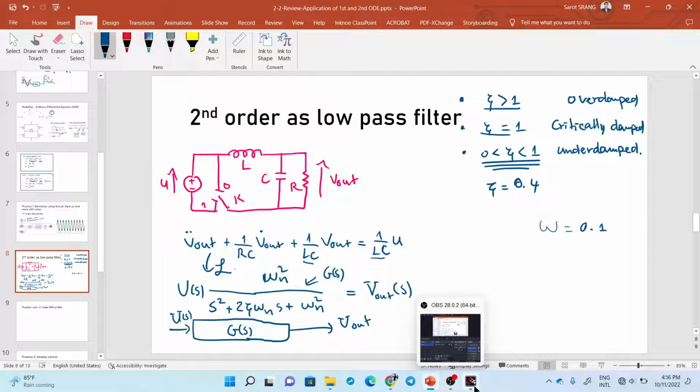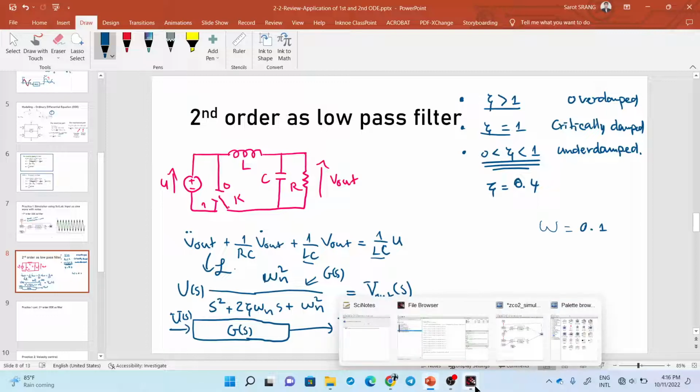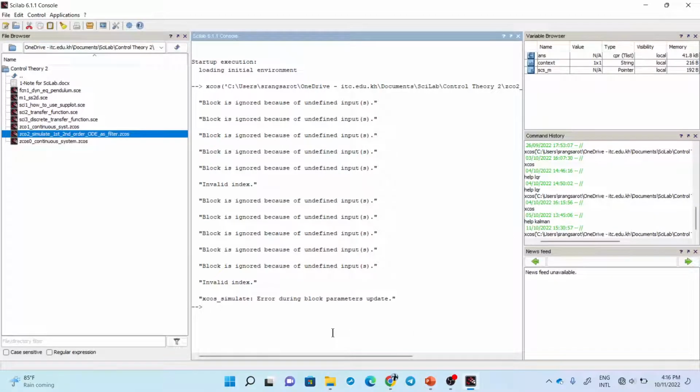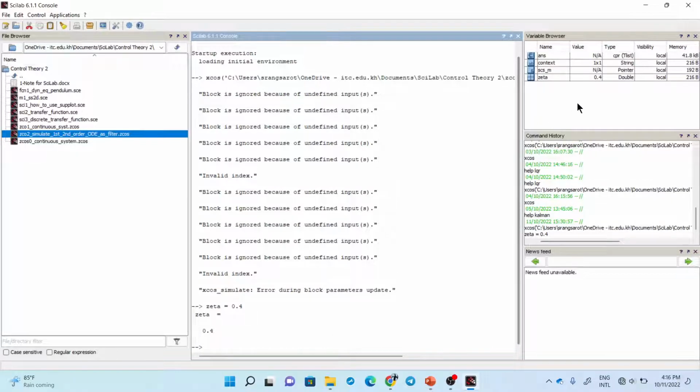Let me go to this one, and I try zeta equal to 0.4 here, just to get the value in the workspace, or variable browser. And then omega n equal to 2 pi times, it depends on how we define it in terms of frequency, right?